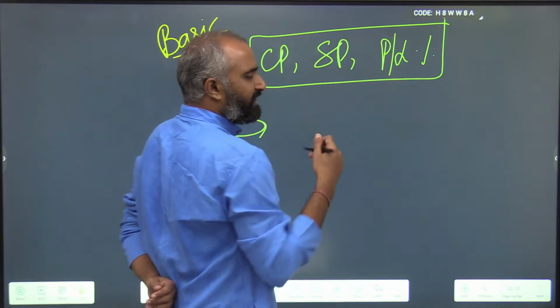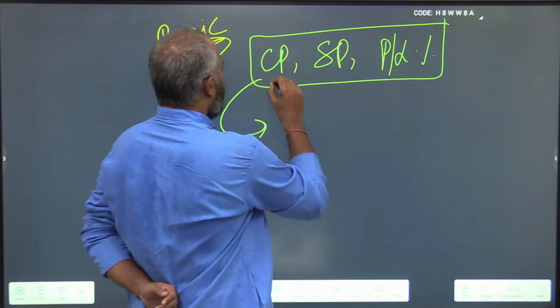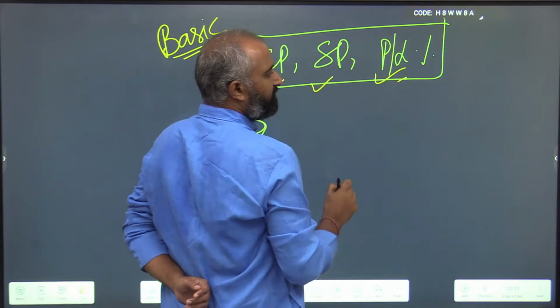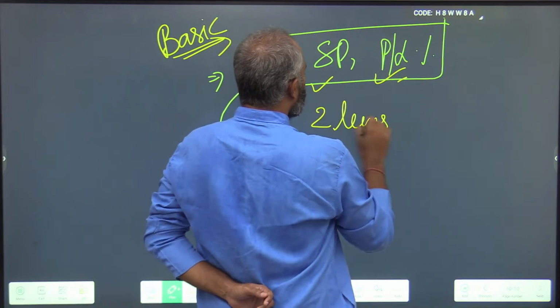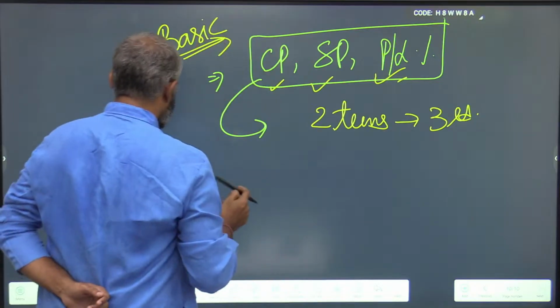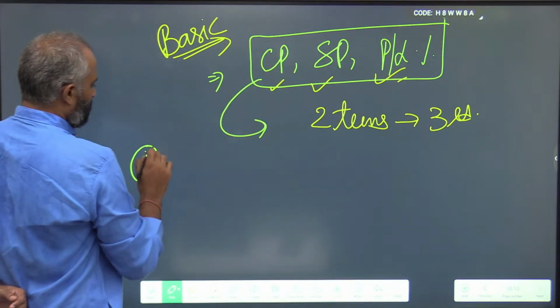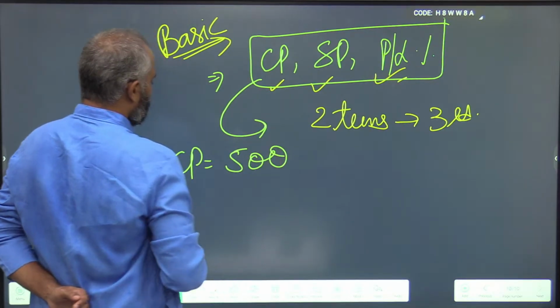I can derive a category of problems just from this. How can I? I have three terms. I'll give you two terms, and I'll ask you for the third term. For example, cost price is 500.